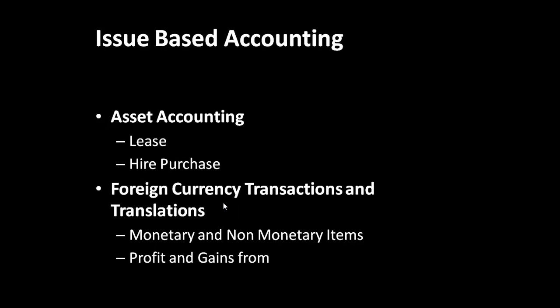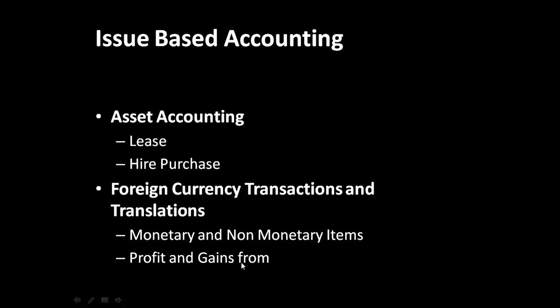The entire course is more issue based, so we'll pick up certain specific issues and understand the relevant accounting standards. For example, asset accounting, we'll see lease versus hire purchase. There are relevant accounting standards for leasing. We'll see the treatment of foreign currency transactions and foreign currency translations.